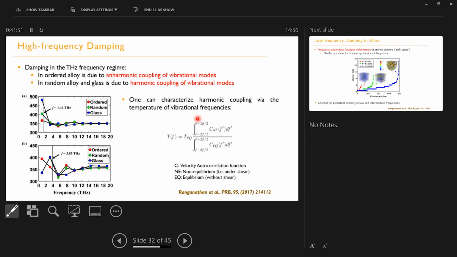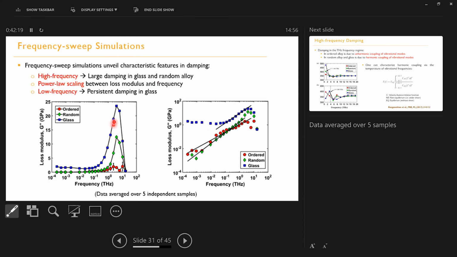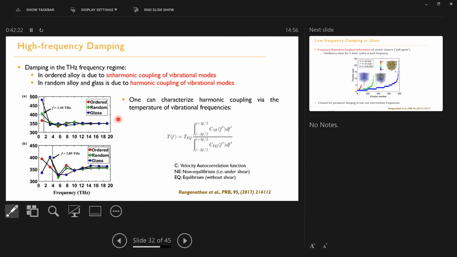Okay. So the first thing we wanted to find out is what is the mechanism of the high frequency range. I won't go into details here, but what we did was we found out the range of frequencies in these materials for ordered, random, and glassy structures. And we saw that whenever we impose a deformation at a particular frequency, let's say 1.4 terahertz in the top figure or 3.85 terahertz in the bottom figure, two frequencies that we picked from this range, we see that the phonon modes that are closest to those frequencies are excited. So the y-axis is basically the temperature of the phonon mode.